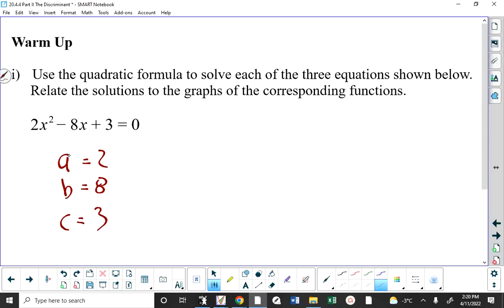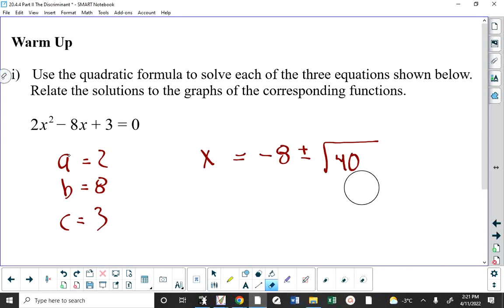You just use it so many times. It's x equals negative b, so that would be negative 8, plus or minus the square root of b squared minus 4ac. I'll give everybody a minute to calculate b squared minus 4ac. Let me know if I'm right or wrong there, because I've not been having a great day.